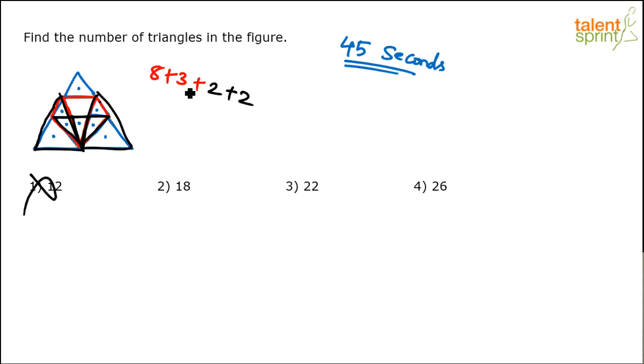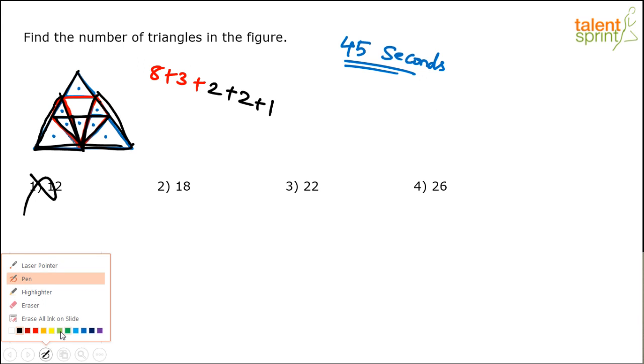So 8 plus 3, 11. 11 plus 4 is 15. Then, of course, the bigger triangle is 1. The biggest of all the triangles, right? Plus 1, 16. And then I'm sure 2 more are there, right? Which 2 are missing here?